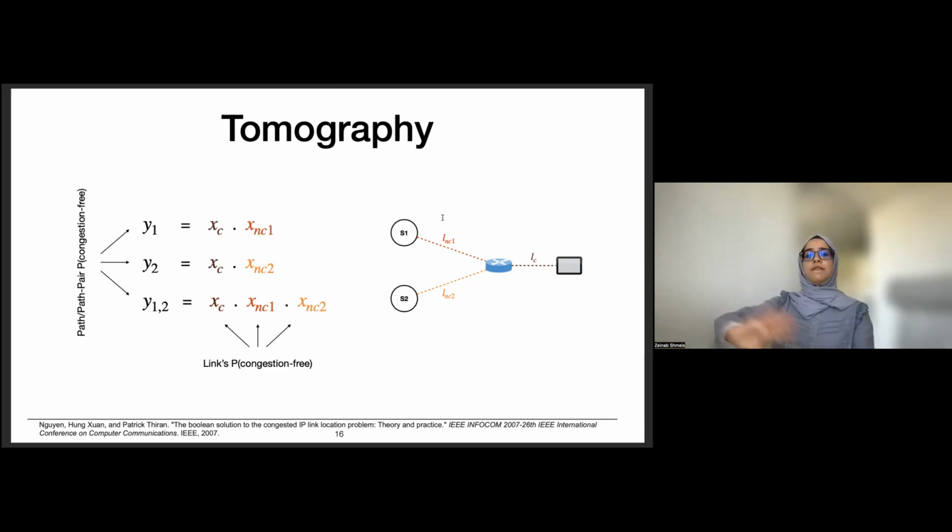So informally, what does the system of equations say? The first two equations say nothing but that when a path is good, all the links on the path are good. So imagine you send a packet. If the packet didn't get lost, then it's impossible that any of the links lost the packet. And that is exactly why we're using not congested.